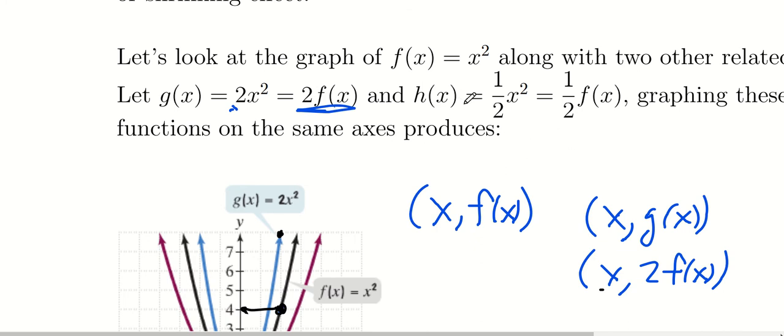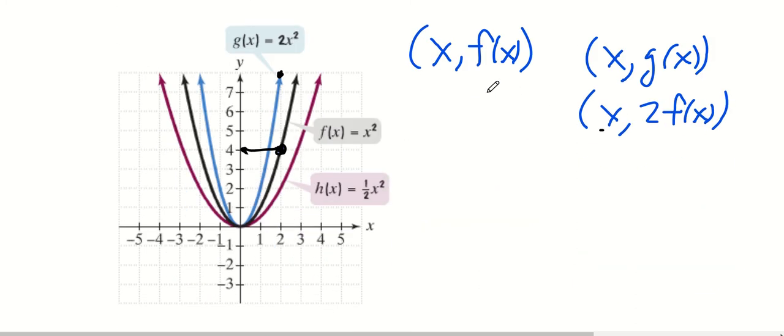We can also look at the graph of h of x, which is equal to 1/2 x squared. The way that h relates to our parent function f is that h of x is half of f of x. h of x's graph is depicted in red or maroon. If you look at any point on the graph of f of x, let's suppose we look at the point (2, 4), the graph of h of x, which is 1/2 of f, is going to have a height which is half as much.